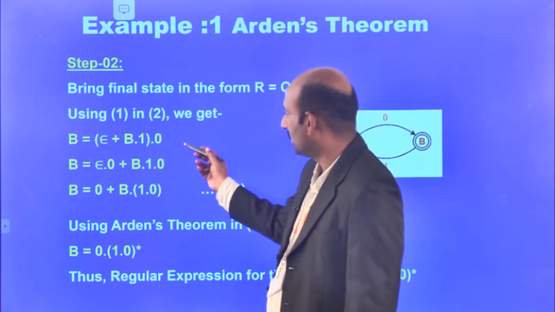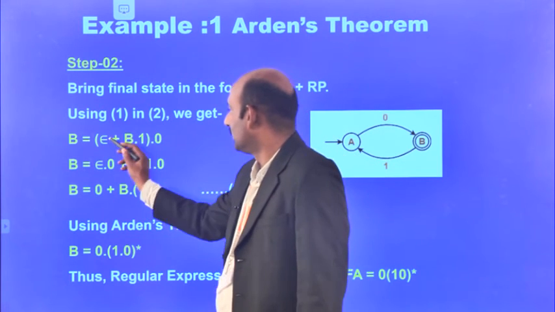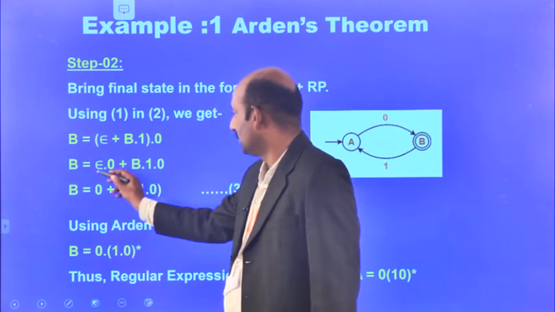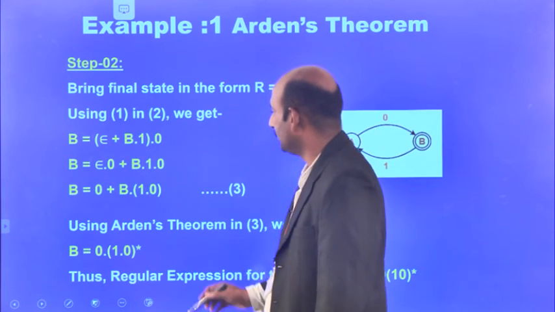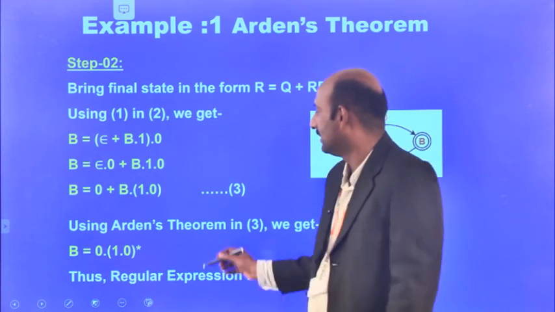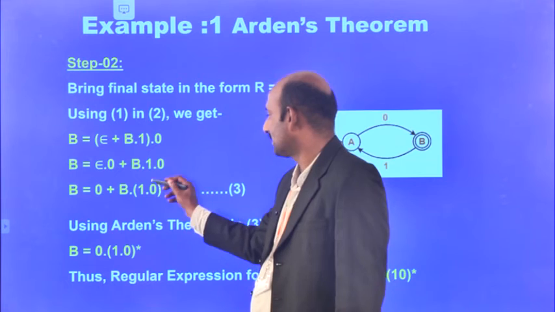Then taking the product, epsilon dot 0 and B1 dot 0.